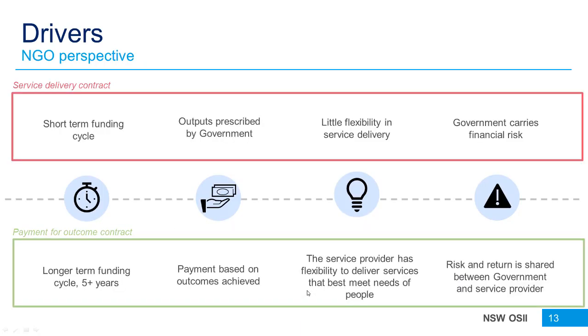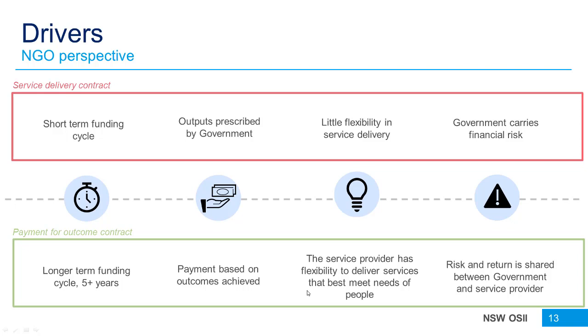From the perspective of non-government service providers, there are a number of drivers which are attractive when compared to traditional service delivery contracts. Social impact investments are generally a longer contract term. Moving to payment based on outcomes generally provides a modest return to the service provider, which can be reinvested back into delivering more services to their clients.